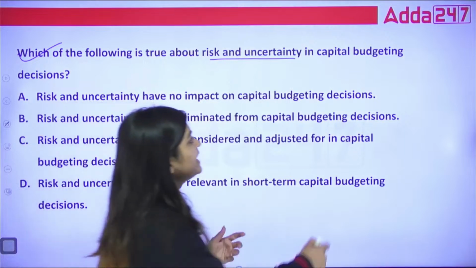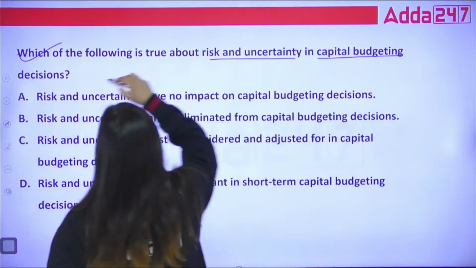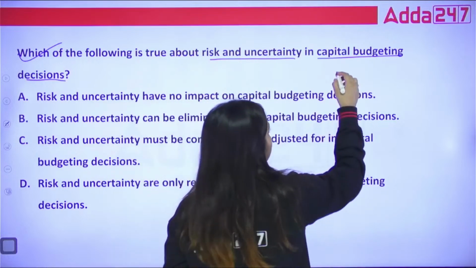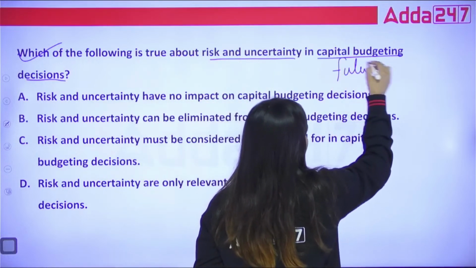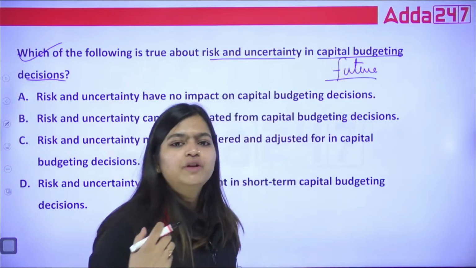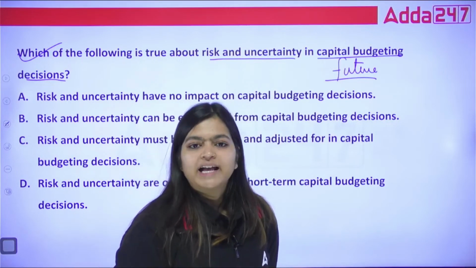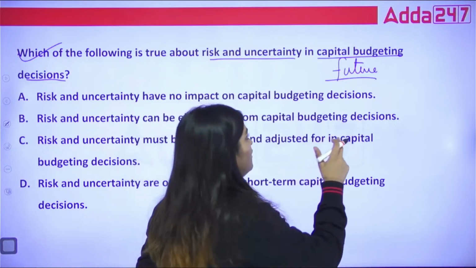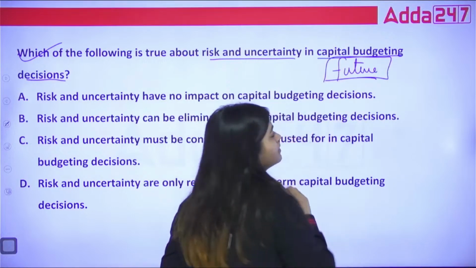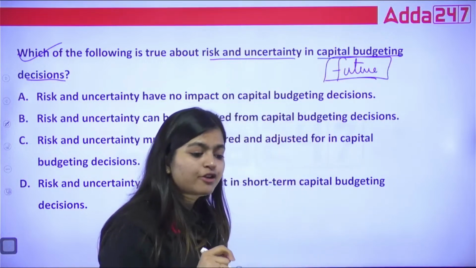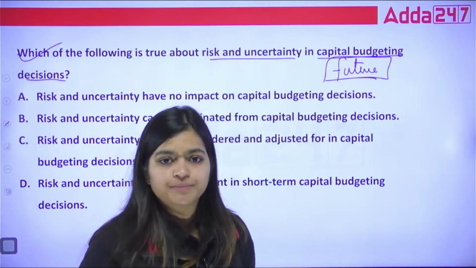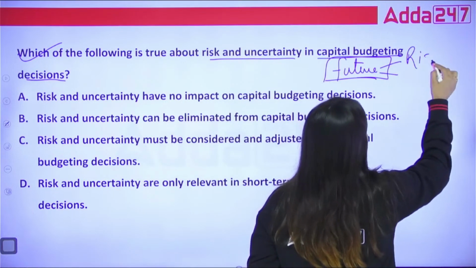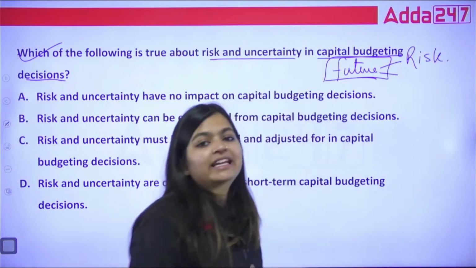So under capital budgeting decisions, what decisions do we make? We make decisions for our future, that is, which project we need to accept and which project we need to reject. While selecting those projects, we need to consider a few important points, like what risks we are going to see in the future.